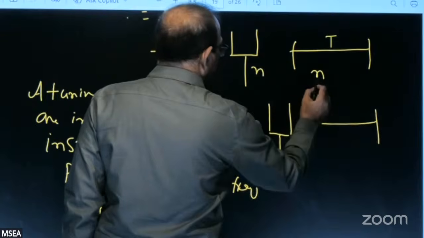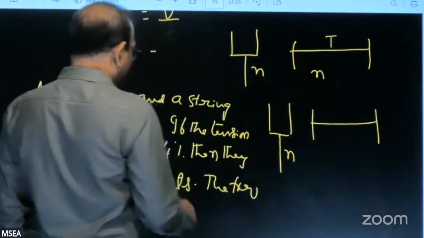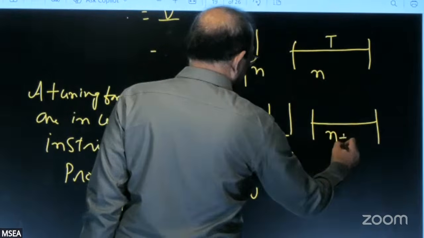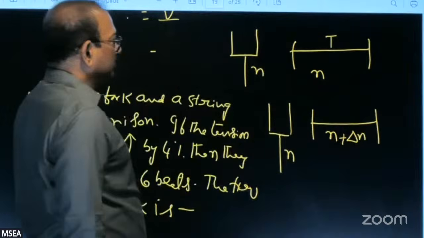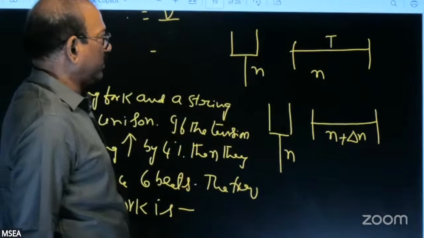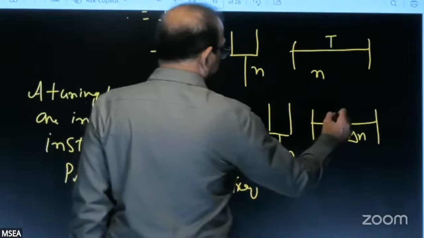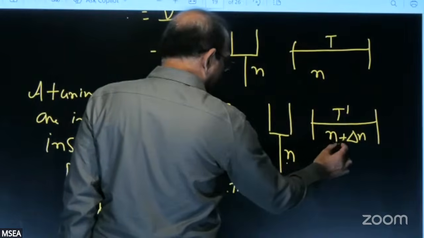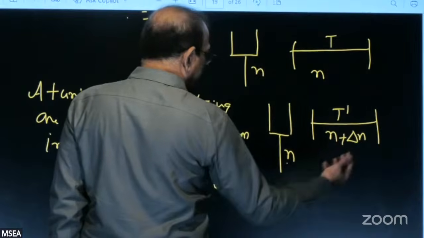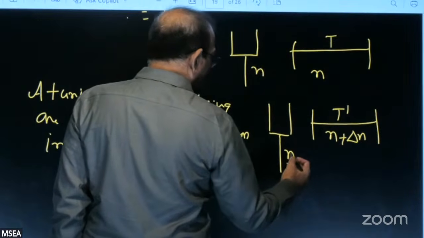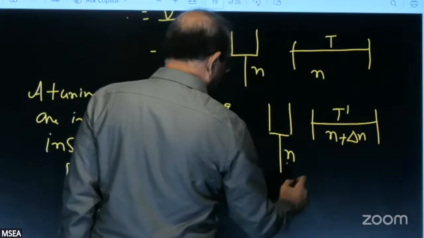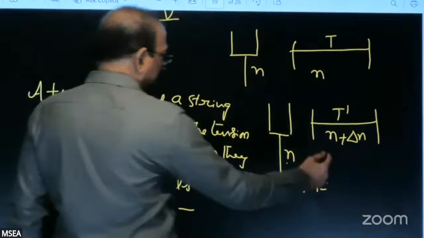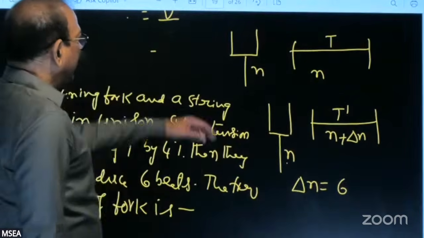When tension increases, frequency increases in the string. Frequency increased by 4%, so its frequency will become N plus delta N. Now you'll get beats. Their difference is delta N, and the number of beats is given as 6. Delta N is 6. Now N is asked.